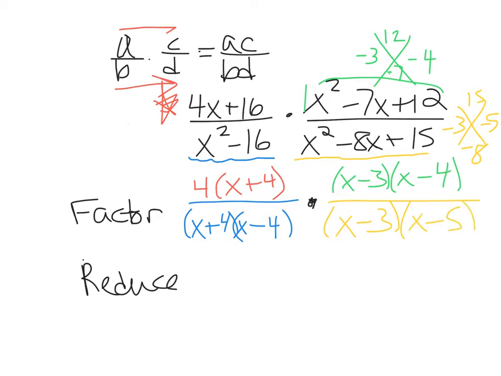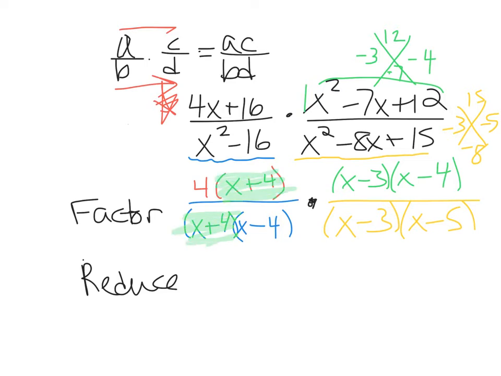My last step is to reduce. So just like 5 over 5 equals 1 or negative 7 over negative 7 equals 1, x plus 4 and x plus 4 is going to reduce to 1. So once I've factored it, I can start reducing things.